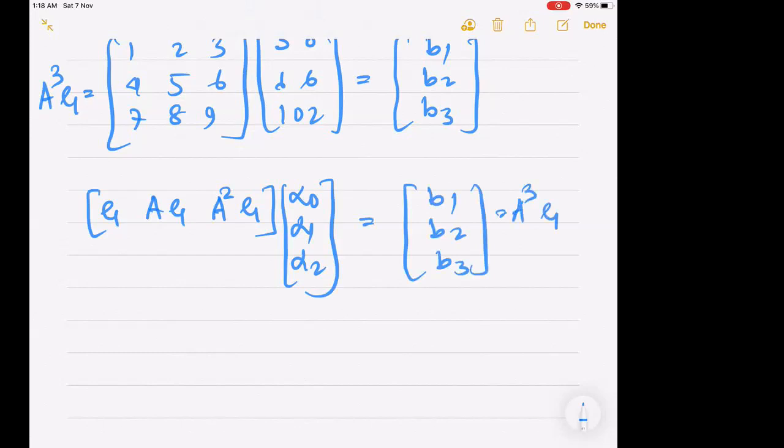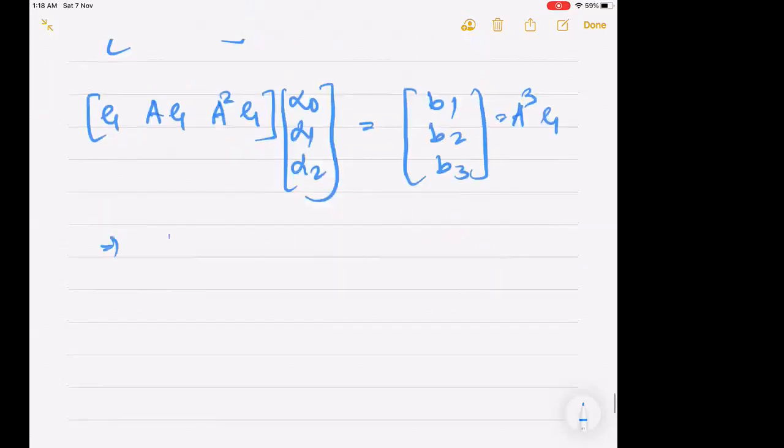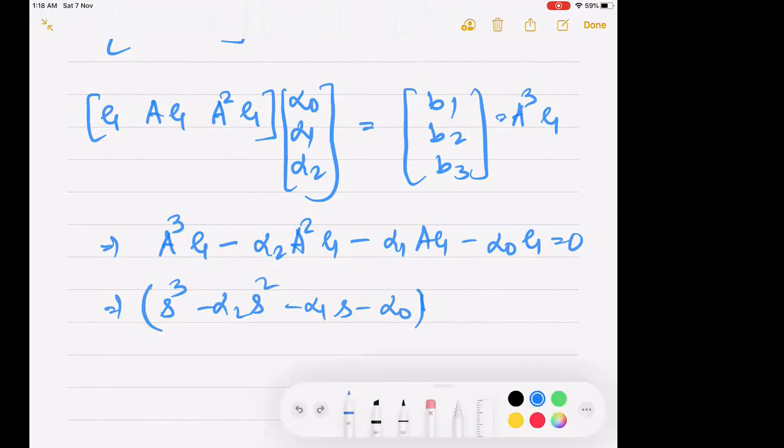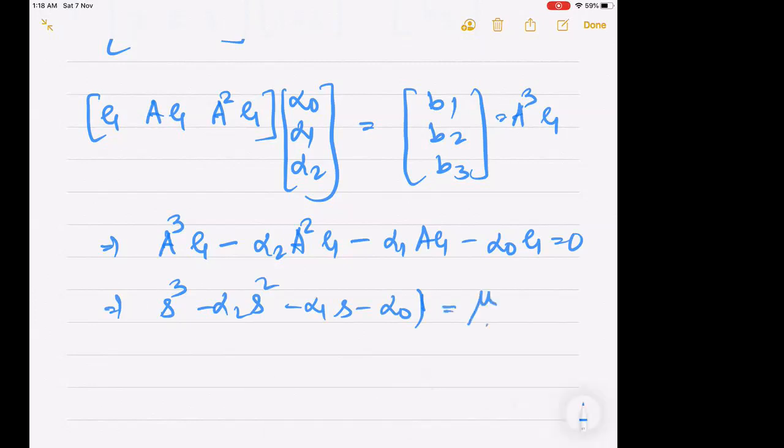When I find alpha 0, alpha 1, alpha 2, then A cubed E1 minus alpha 2 A squared E1 minus alpha 1 AE1 minus alpha 0 E1 must be 0, which would then mean s cubed minus alpha 2 s squared minus alpha 1 s minus alpha 0 into 1 is the monic polynomial of least degree, which is equal to mu E1 of s.